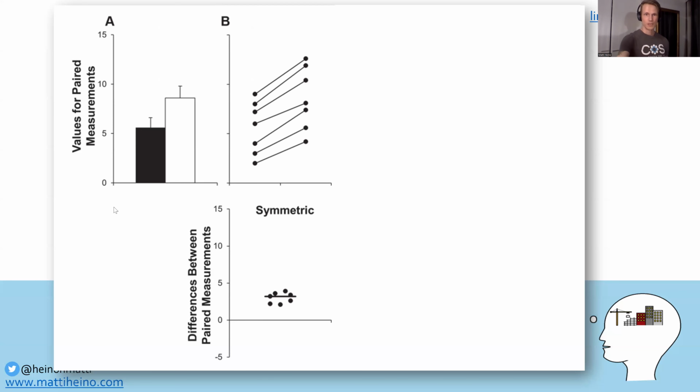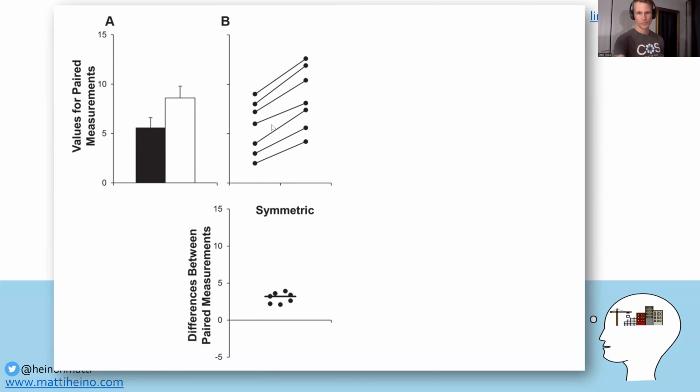So these are now the same individuals getting repeatedly surveyed or measured in some other way. So this is before the intervention, this is after the intervention. So we see that after the intervention, the values are higher.